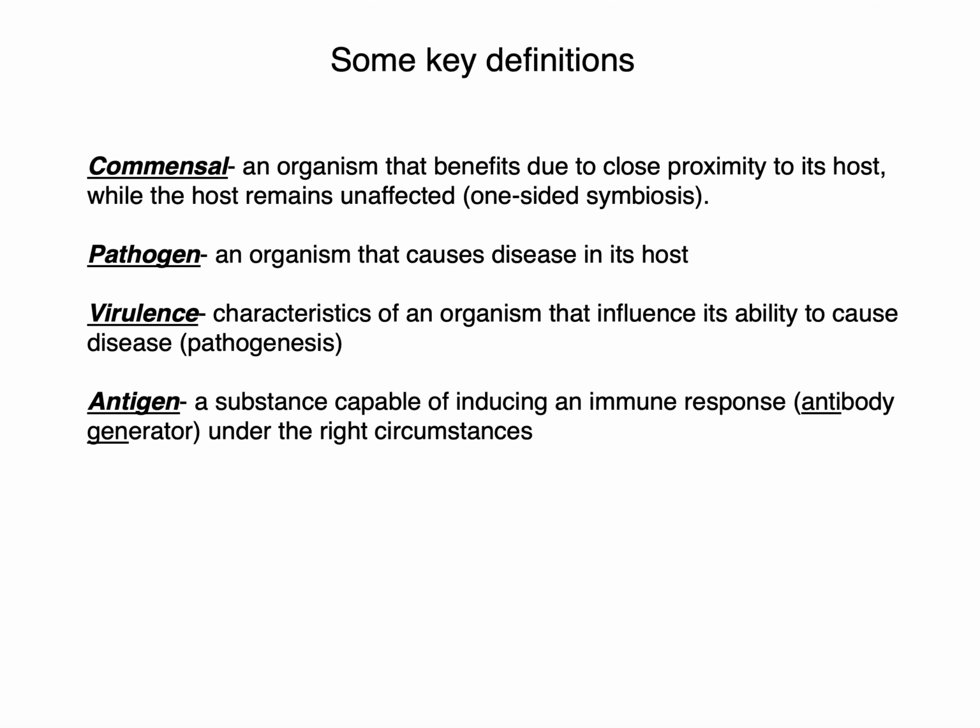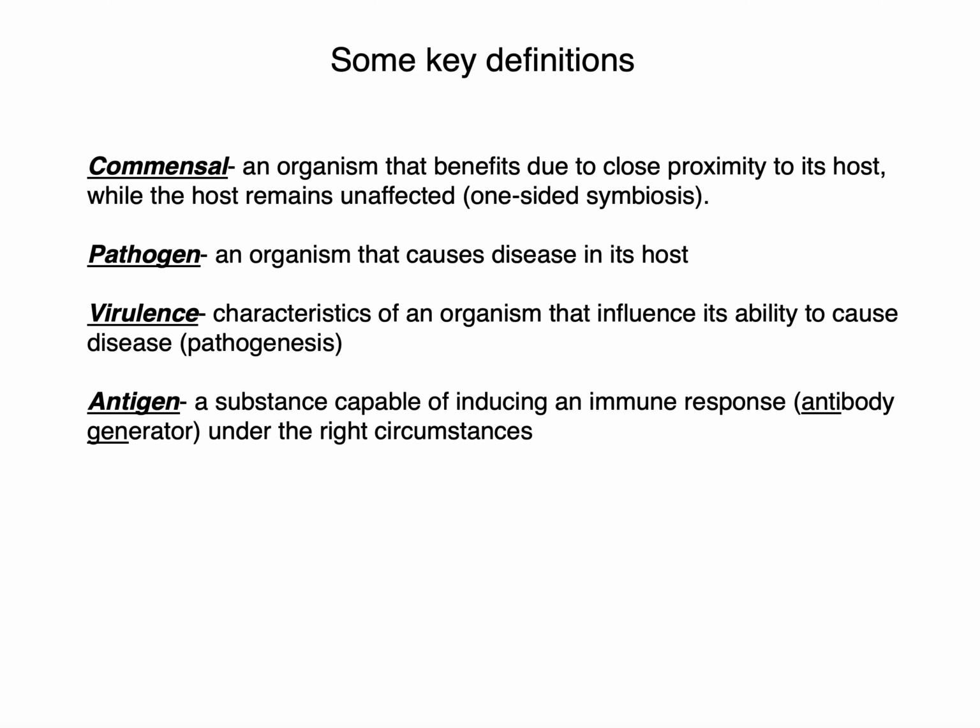So as we get into these questions of how the immune system distinguishes between self and non-self, and how the immune system determines what is dangerous and what is not, I'd like to start off with some key definitions. These come from probably your undergraduate biology courses, so they may seem a little familiar, but commensal organisms are organisms that benefit due to proximity to a host, but the host is unaffected.